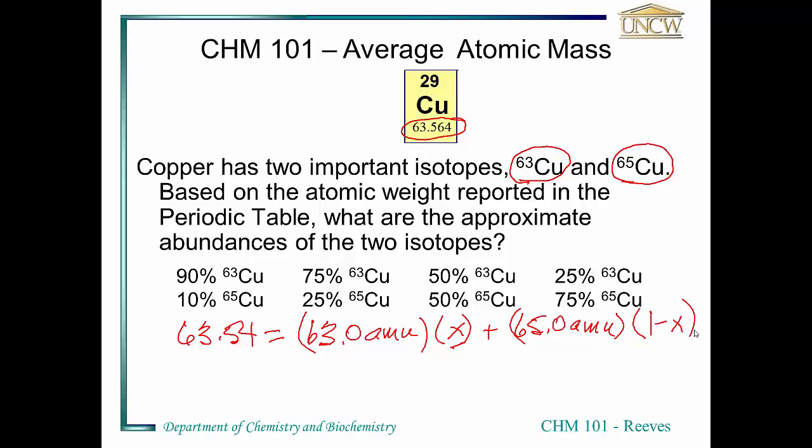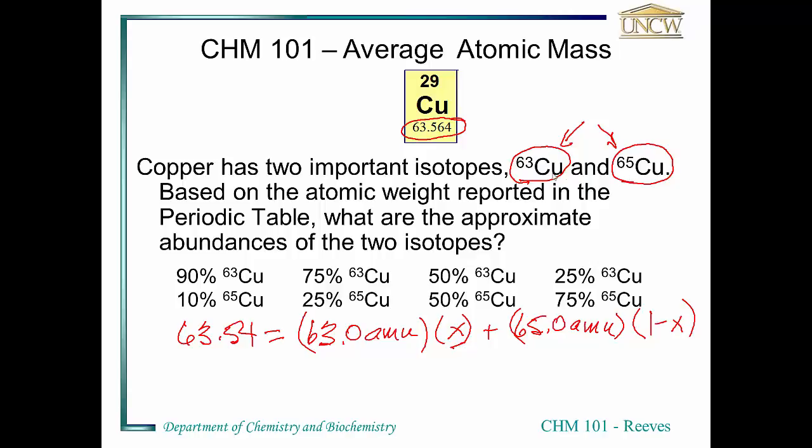Now, in a problem like this, one thing you should do before you actually carry out the math is to realize that in a multiple choice problem, you can eliminate some of these answers without actually doing the math. Since the atomic mass is 63.5, which is closer to 63 than it is to 65, it must be that there's more of isotope 63 in the sample than isotope 65.